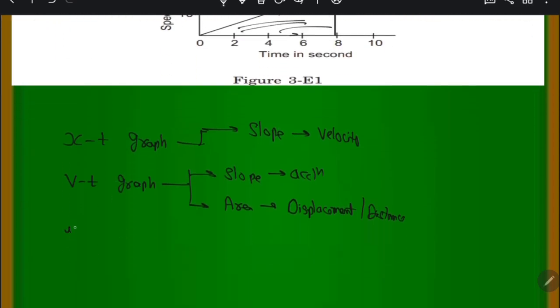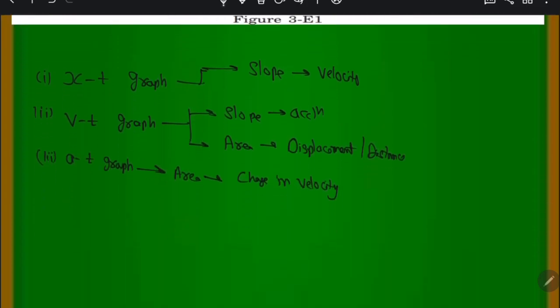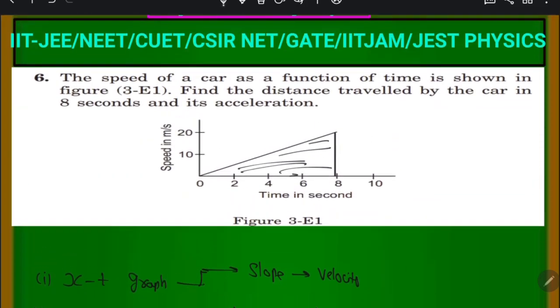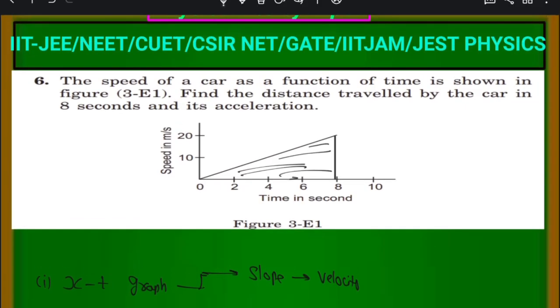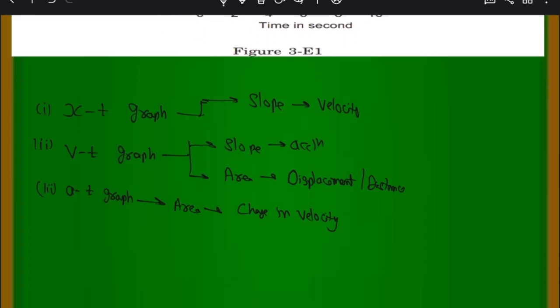Then after that, in an acceleration time graph, if you find the area, that gives you change in velocity. Right? This is first, this is second, and this is third. So you can find the area.